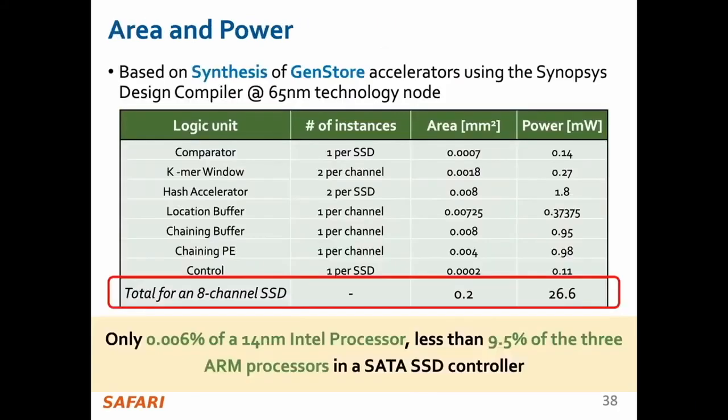In an SSD controller, we also have many different accelerators for different functionalities, or ECC units, so the controller in the end has a larger area, but even compared to those 3 small ARM cores inside the controller, it takes only 9.5%.